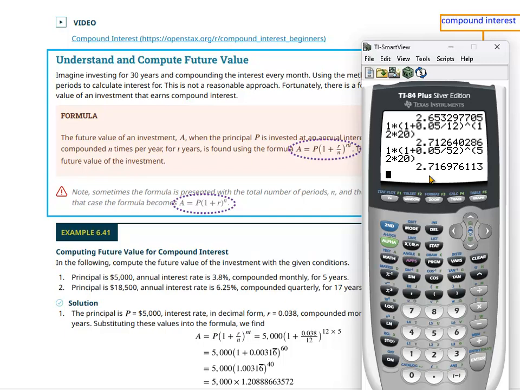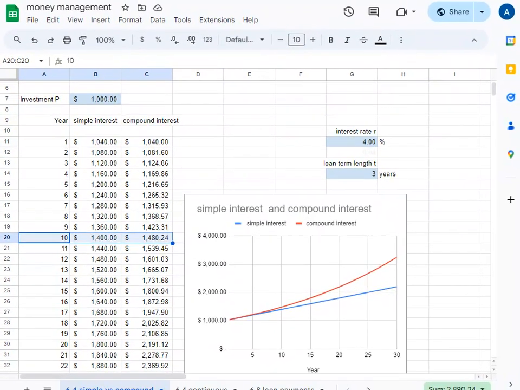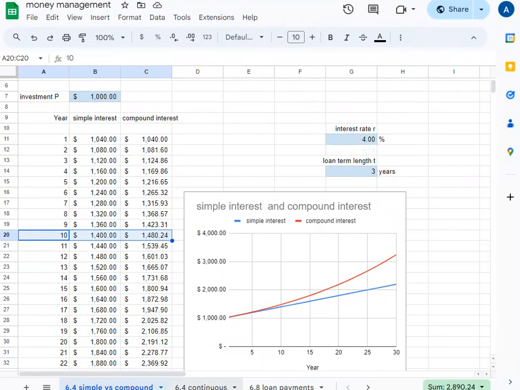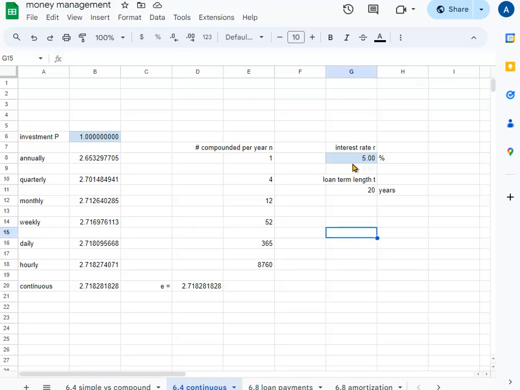And as a mathematician, that reminds me of something. And I'm going to share that here on my spreadsheet. So continuous is what my tab is called. There's the 5%, there's the 20 years. We just saw this one here annually, so it's only a 1 in there, which means that the n really doesn't appear in the formula.